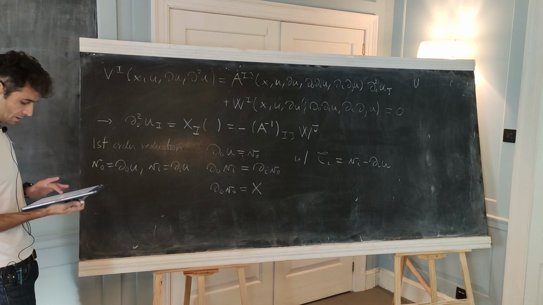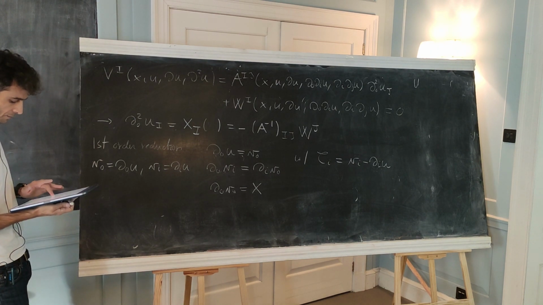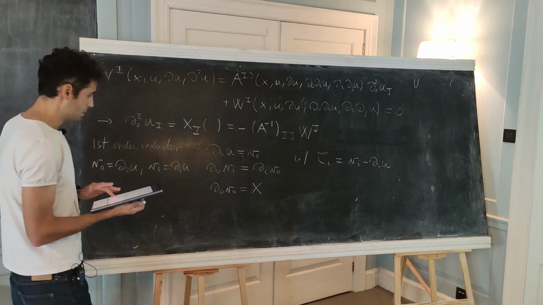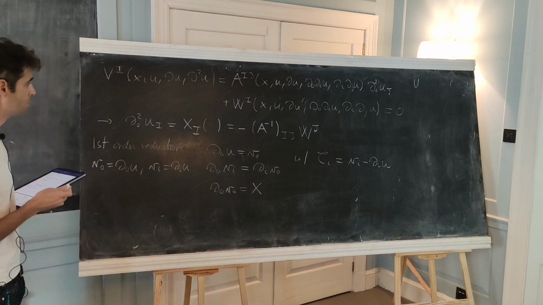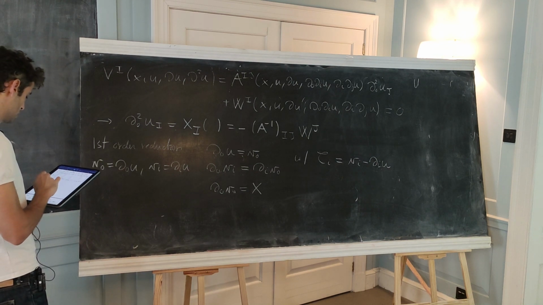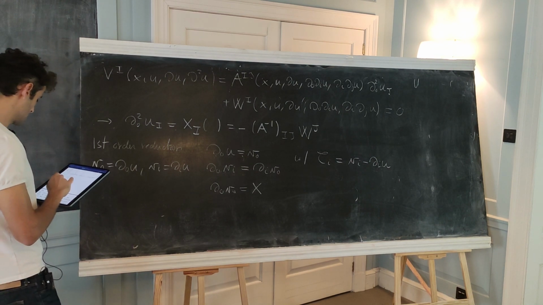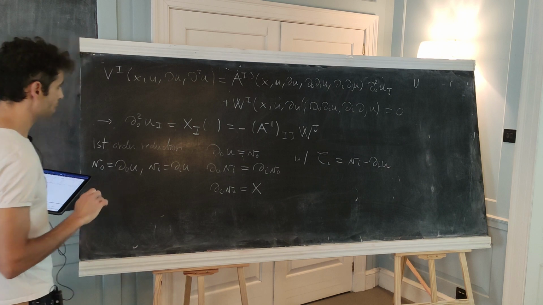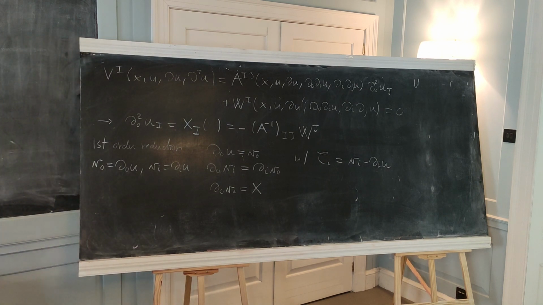And I will state the result, and one can show that one can write. Let me just write this, and I'll state the result, and then if there are any questions, we discuss it next lecture. Okay? So that's the setup. So it's clear we have done a first order reduction.